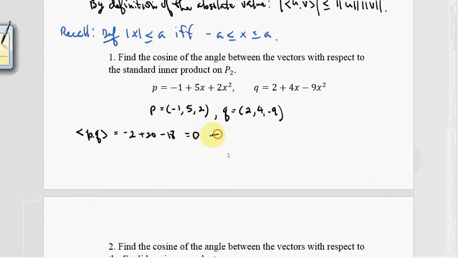This gives us 0. It doesn't really matter about your denominator. We know that our denominator is positive, so that does matter. But here the cosine is equal to 0 because it's going to be 0 divided by the norms of u and v.